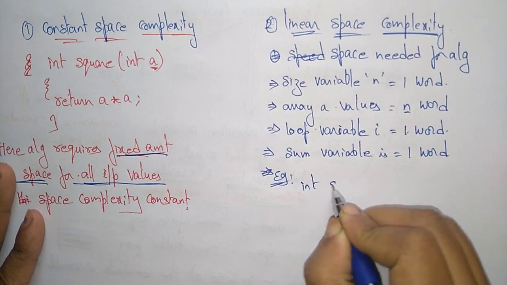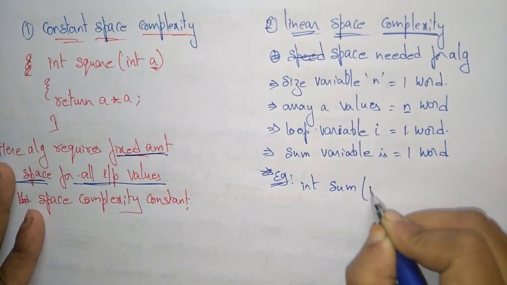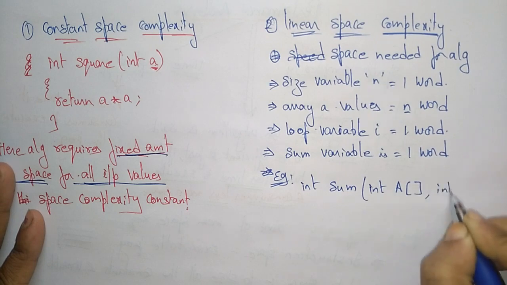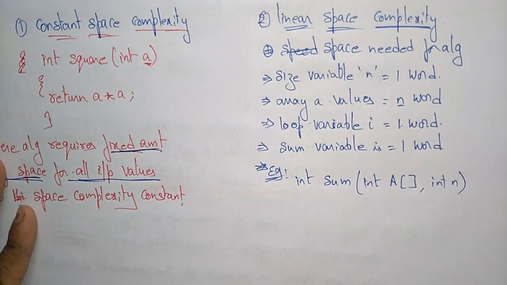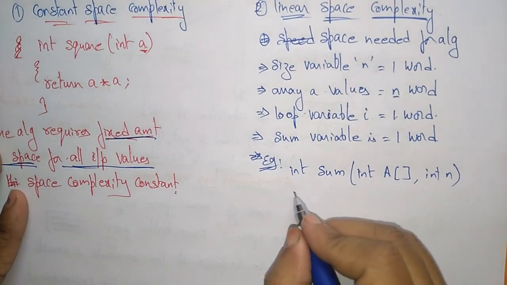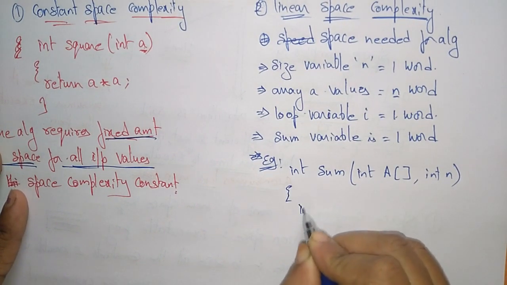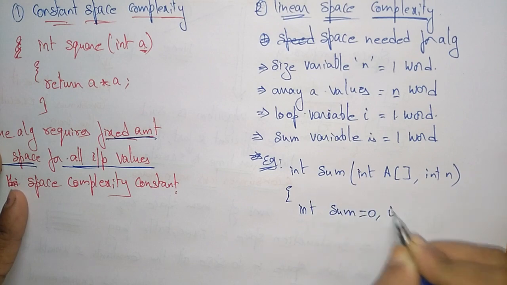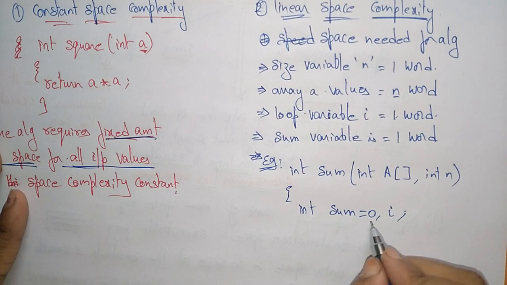int sum(int a[], int n). Here we have taken two variables: one is the array and another is an integer variable. int sum = 0, i. We have taken two variables, sum = 0 and i.